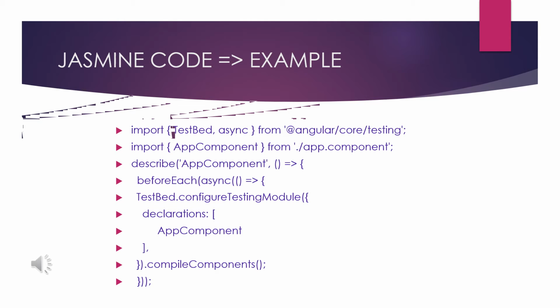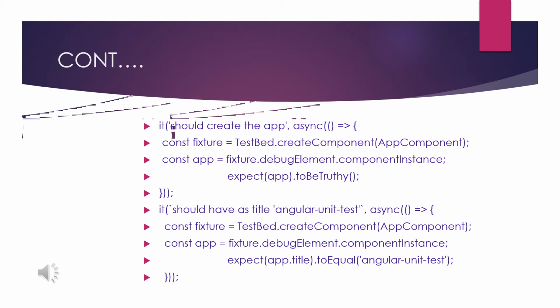Before each, what configurations are to be done is given here. So it should create the app, which means what I expect is given in the statement. So async will handle these functionalities asynchronously and return our needs.